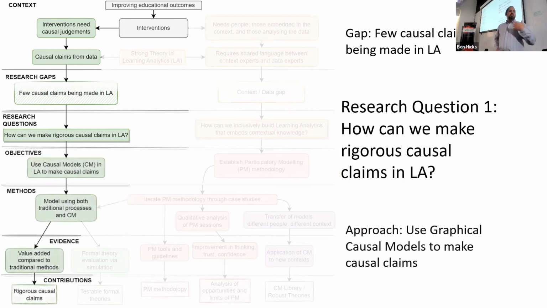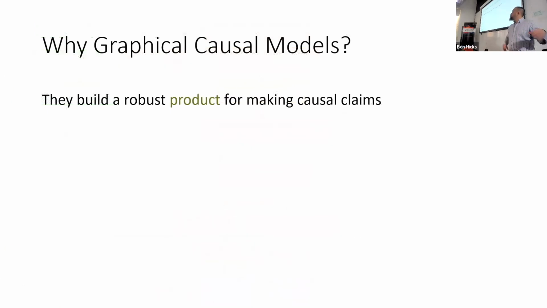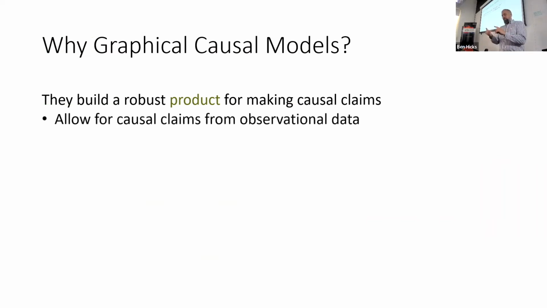And I want to follow the approach of using these graphical causal models to do that. Now, my justification for that is that I think the product they give at the end is nice and robust, and useful because we don't need to rely on an experiment, we don't need to rely on an RCT. I think that's very, very key.